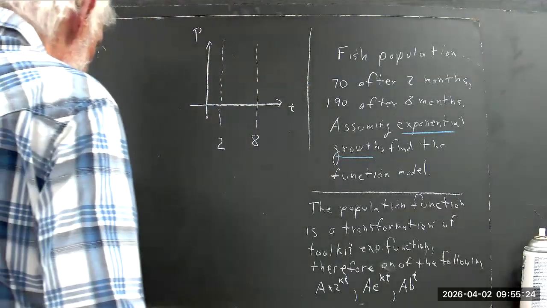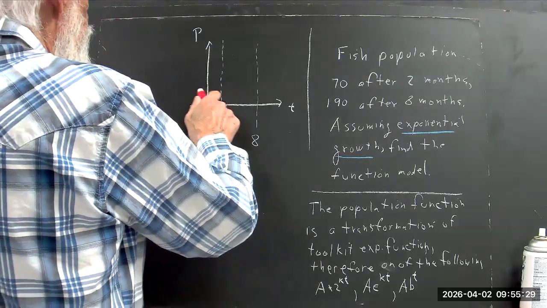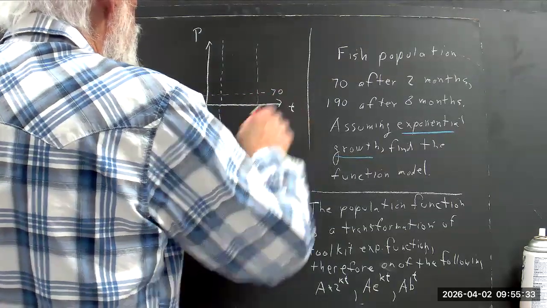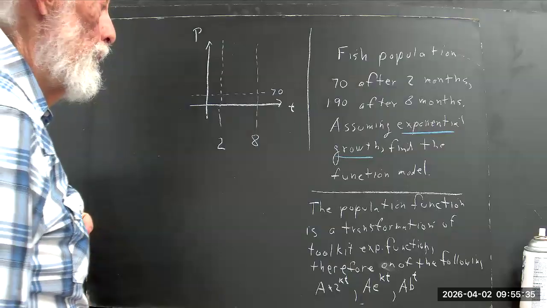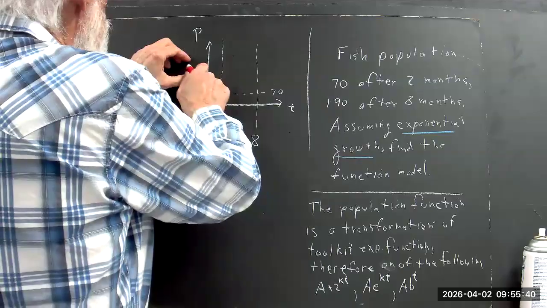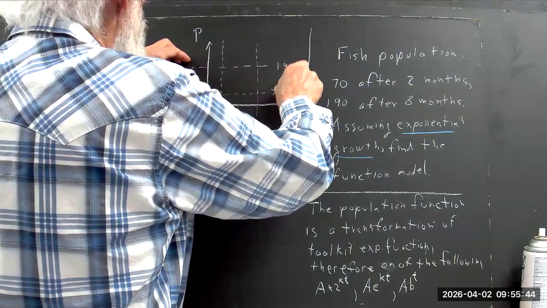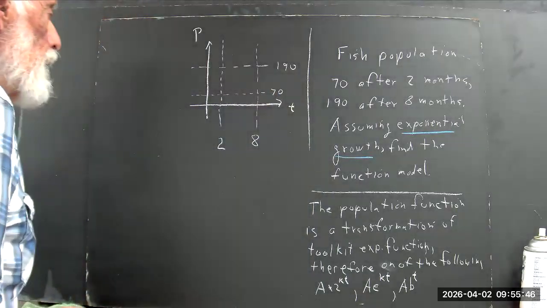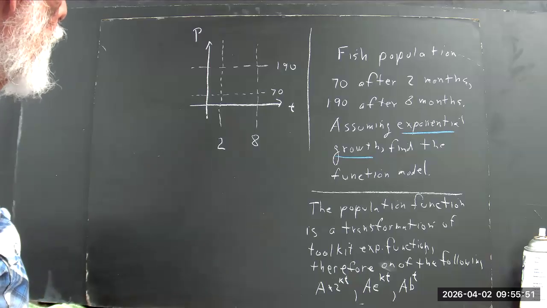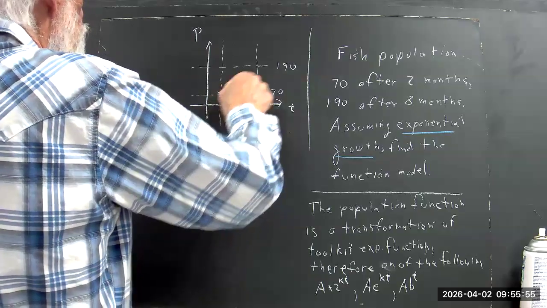Okay, well, I'm going to leave myself some room. So I'm going to put 70 about here. And 190 is almost 3 times 70. So I'm going to say maybe 190 is here. This is not totally accurate, but it's not too far off. Okay, so we need an exponential function that passes through these 2 points.